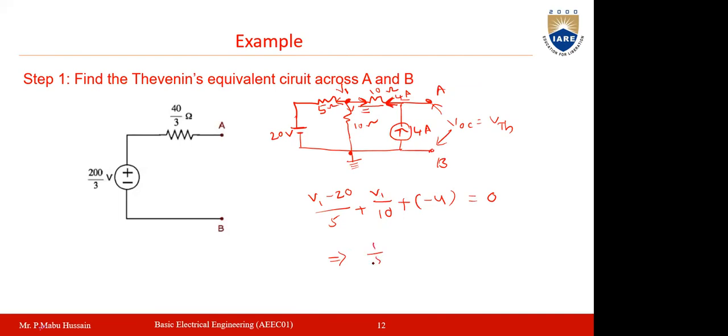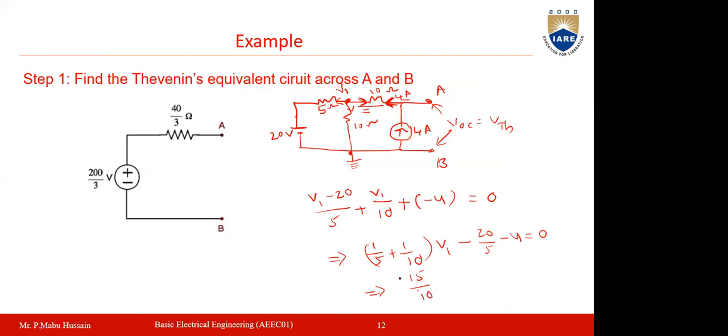So here, 1 by 5 plus 1 by 10 plus 1 by 4, into V1, minus 20 by 5, minus 4, will be equal to 0. So this can be written as 15 by... 10 you take common.